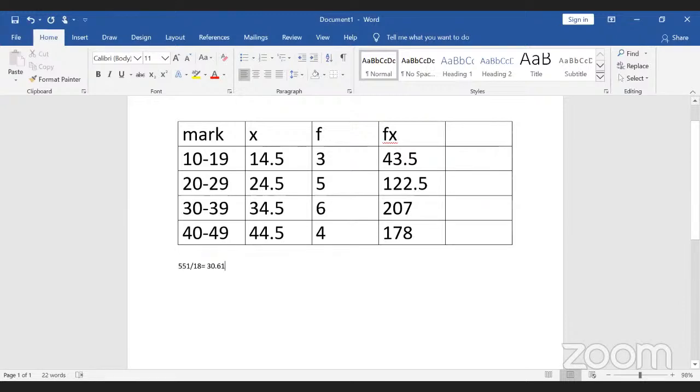Those that scored less got negative deviations. Those that scored more than the mean mark got positive deviations. So the positive deviations cancel the negative deviations. So sigma of deviation gives you 0.